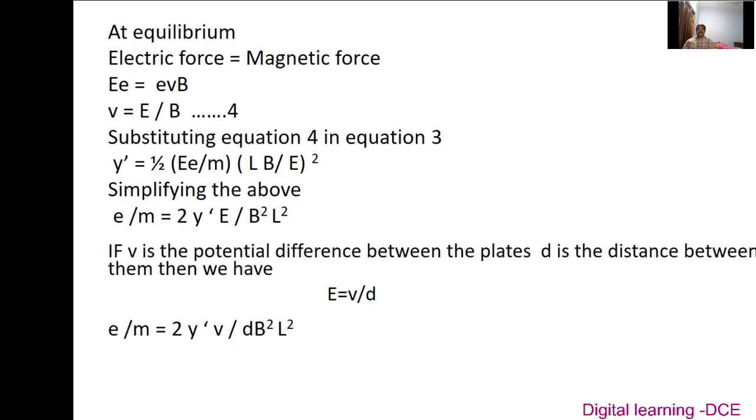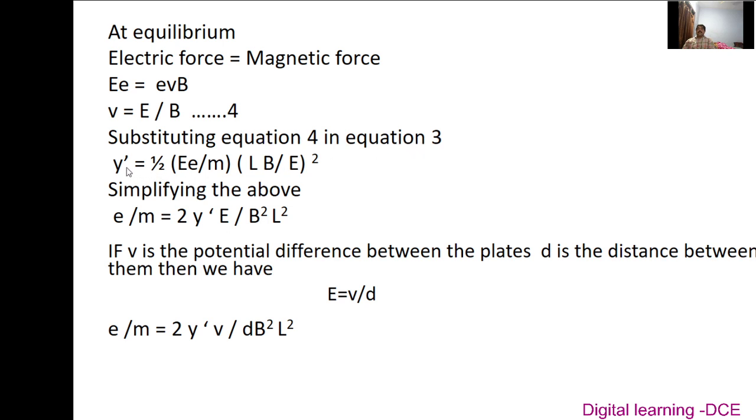Therefore, at equilibrium, the electric force is equal to the magnetic force, hence eE is equal to evB. So here e gets cancelled. Therefore, v is equal to E by B. Call it equation number 4. Substitute the value of v in equation 3.